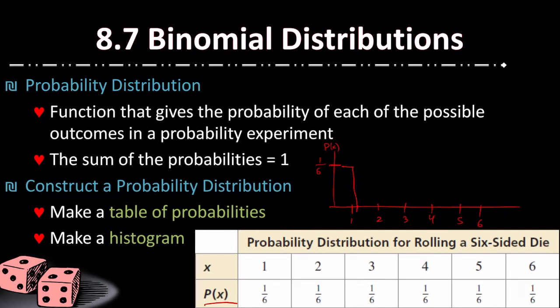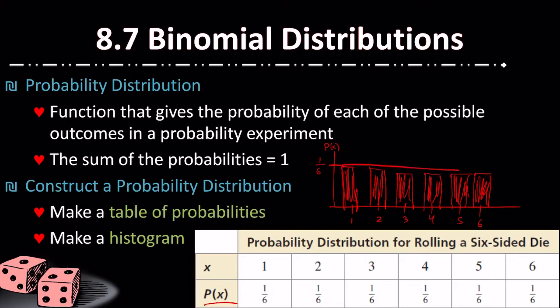And you make little bars for each of them. Since they all have the same probability, they're all going to be the same height. Well, pretty close anyway.